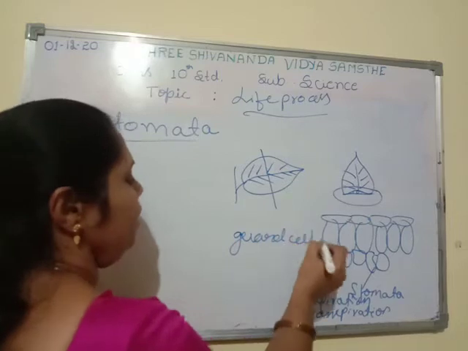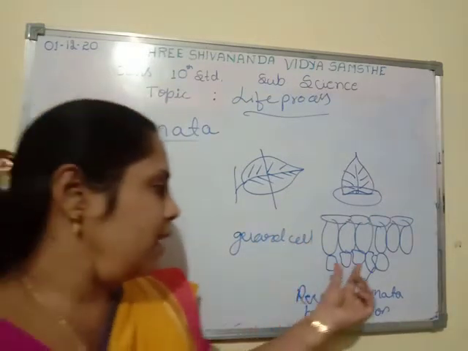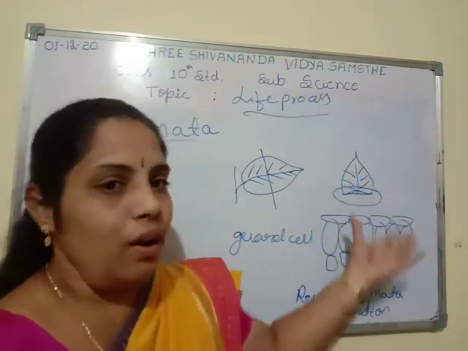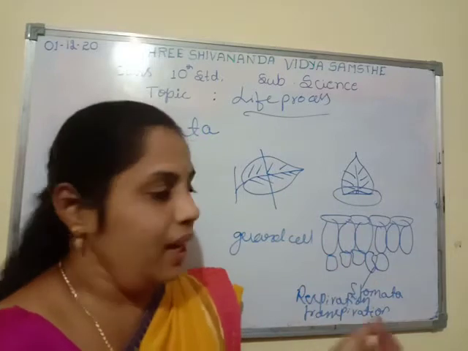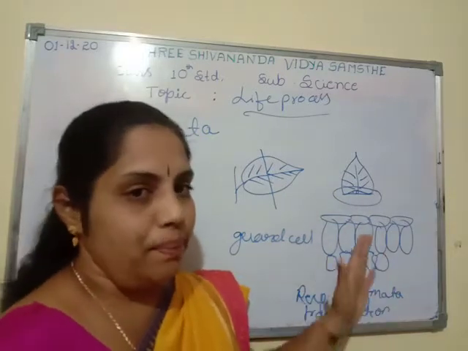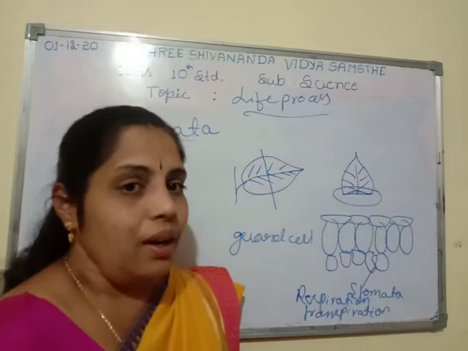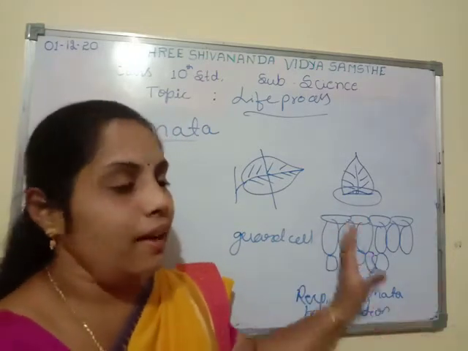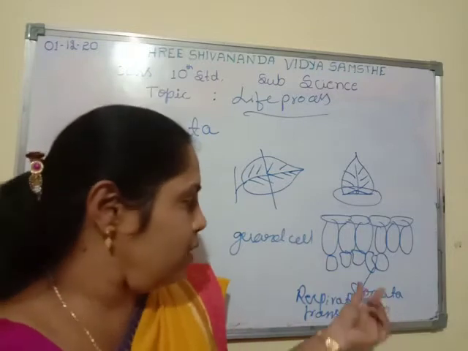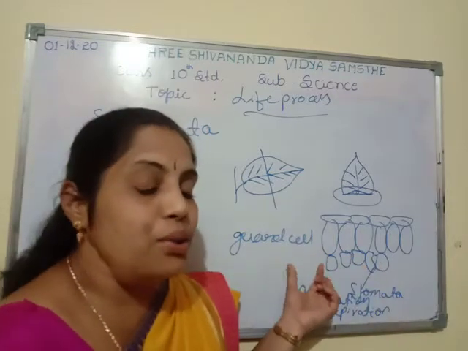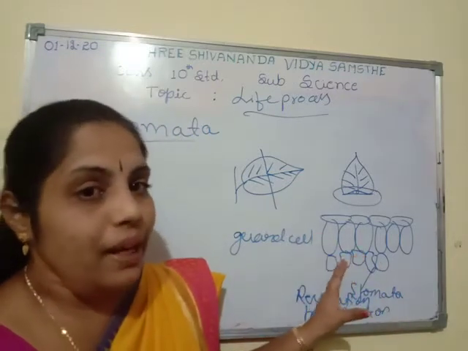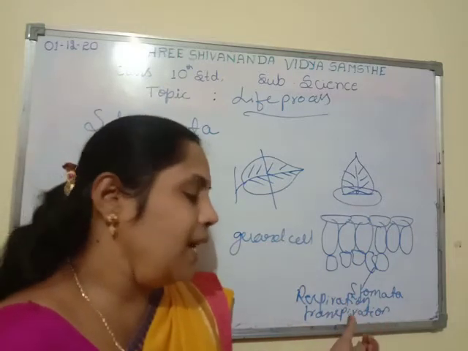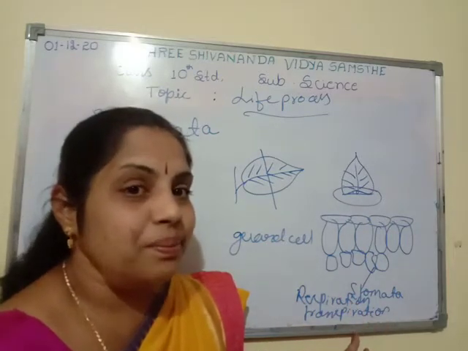It is known as guard cell because they guard all the parts of the plant. Guard madodu andre enu? Kayodu. They look after each and every part of the plant, so it is known as guard cell. How do they guard the plant? That is by respiration and transpiration.